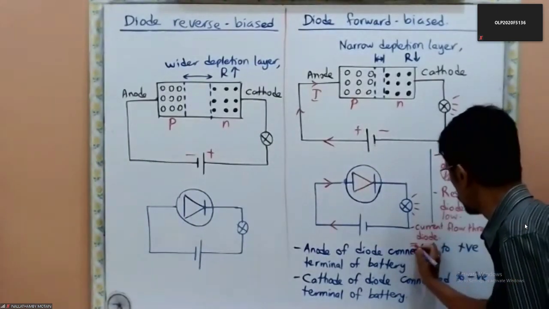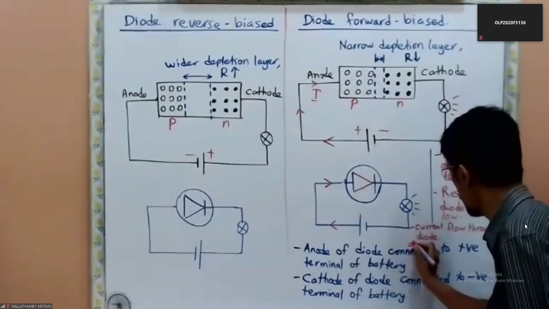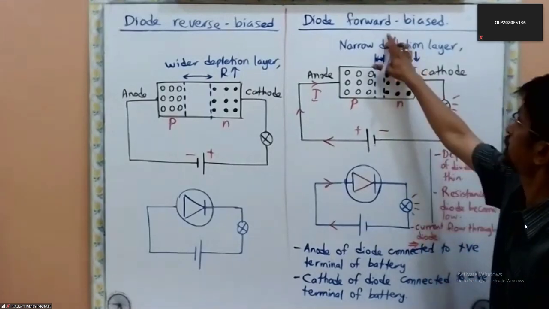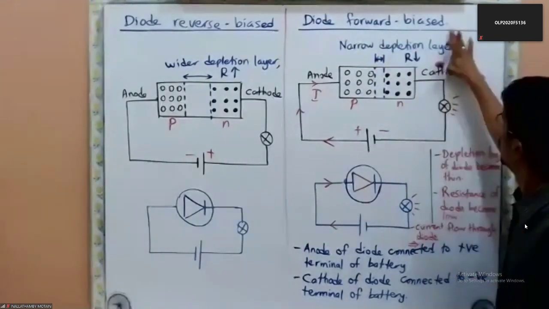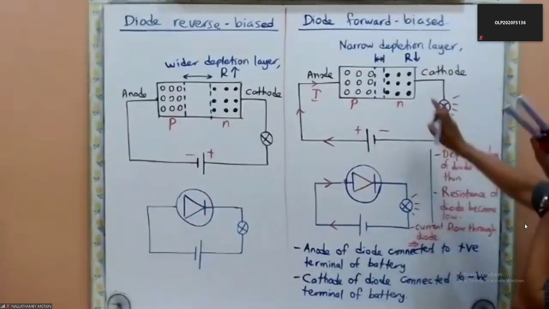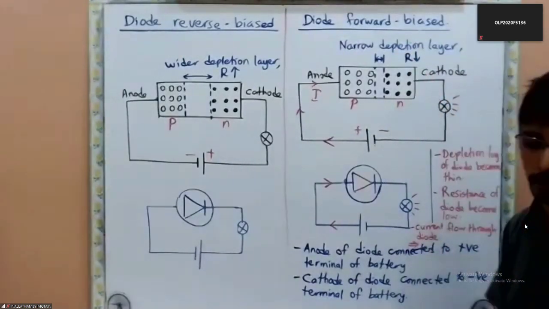Please add one more. Not enough space. Please add one more: diode is forward biased. Please add this. It's the correct term there.